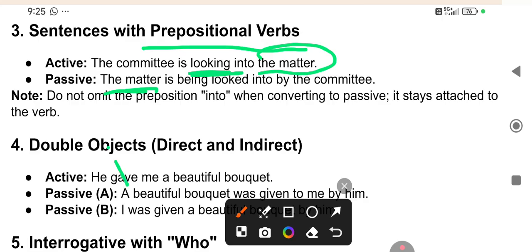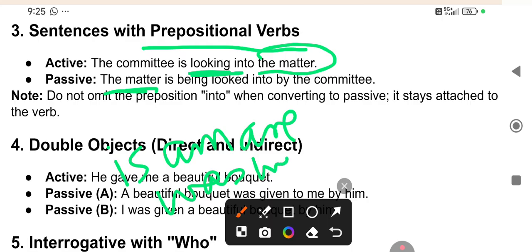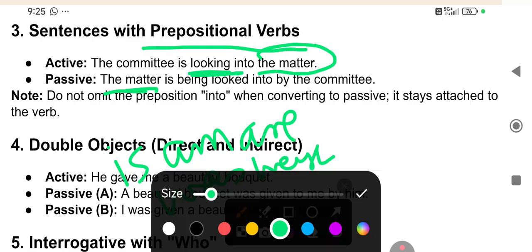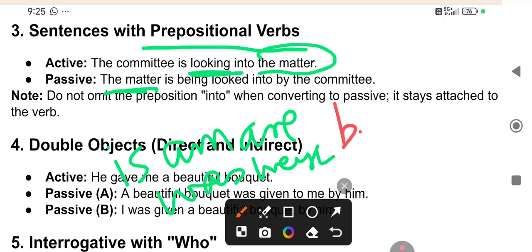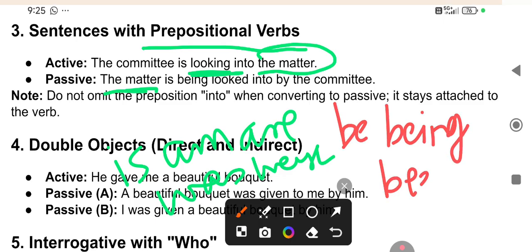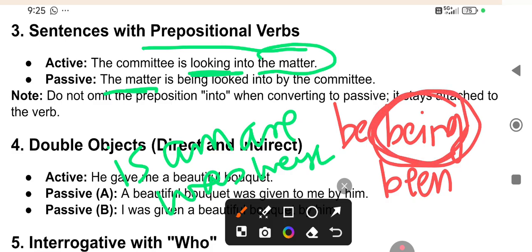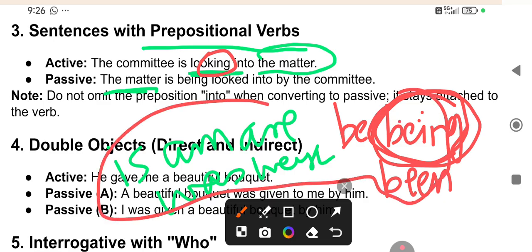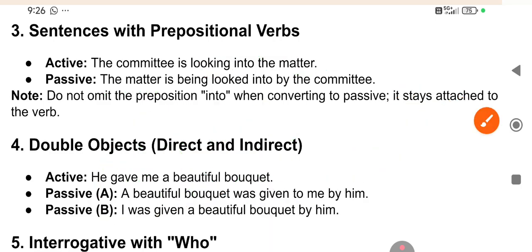Let me remind you again: is, am, are, was, were, and three more: be, being, and been. So here you have to take the ing form, because in this sentence ing is used. So here out of 8 we will pick up this form of helping verb.